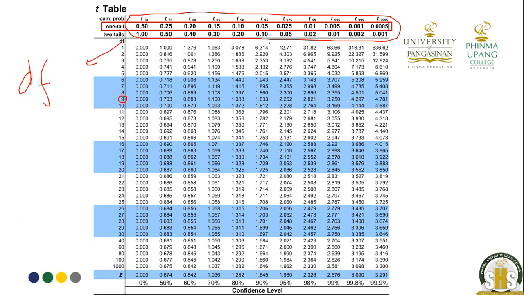So let's look for 0.025 of one tail. It is there. And the two tail is 0.05. Let's see what critical value we get from the t-table.